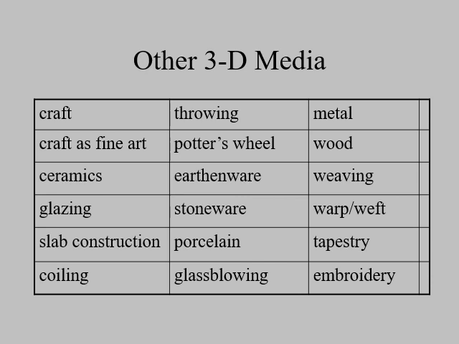The larger historical argument has been that if it has a utilitarian function, like if it's a bowl that holds food, or if it's a vessel that holds water, or if you're a metalsmith and you're making spoons or silverware, or a jeweler making ornamental bracelets and rings and earrings, then you're a craftsman or craftsperson.